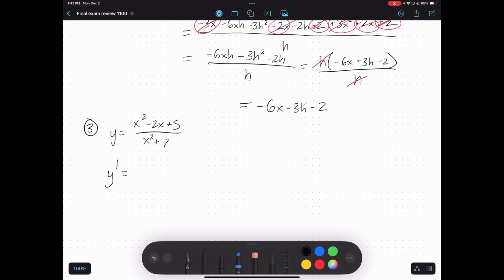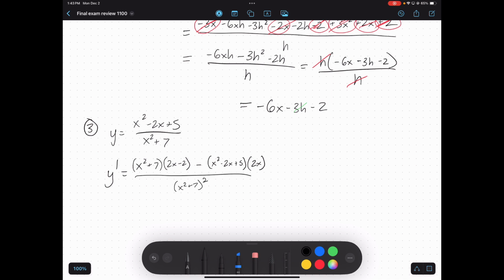Quotient rule is you keep your bottom function multiplied by the derivative of the top, which is 2x minus 2, minus the top function multiplied by the derivative of the bottom, which is just 2x, all over the bottom squared.